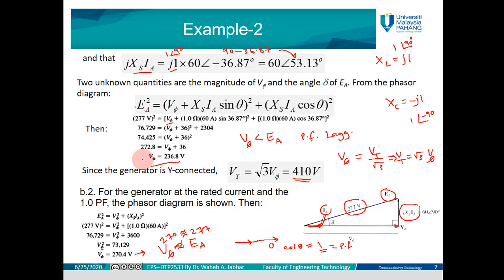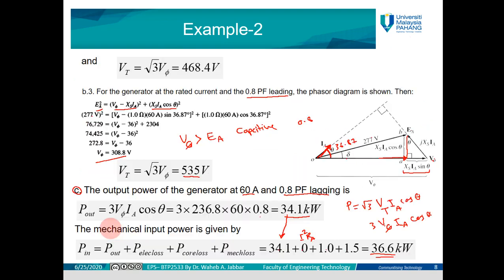You can see this one. The V full load is 410. For the power factor equal to 1, the V full load is 468.4. For the power factor equal to 0.8 leading, the voltage will be 535.